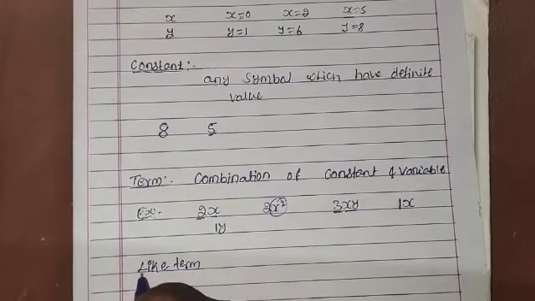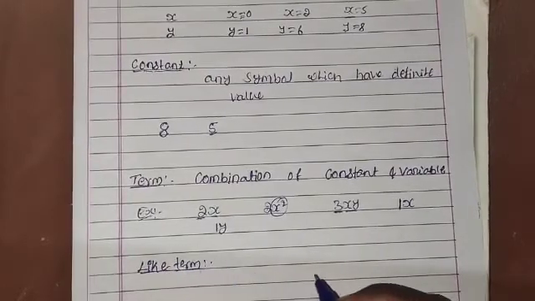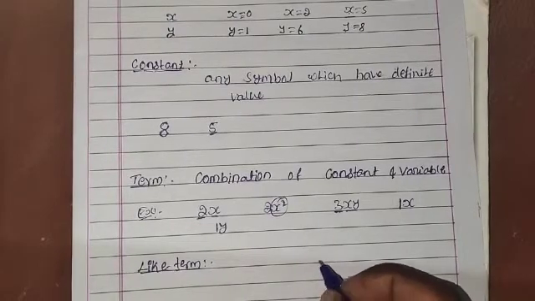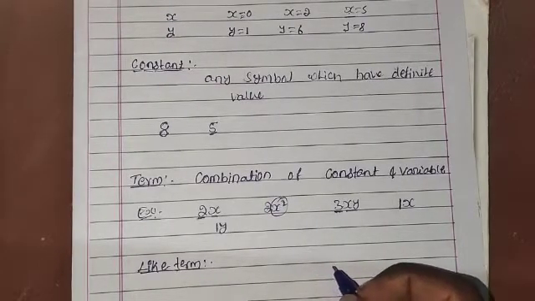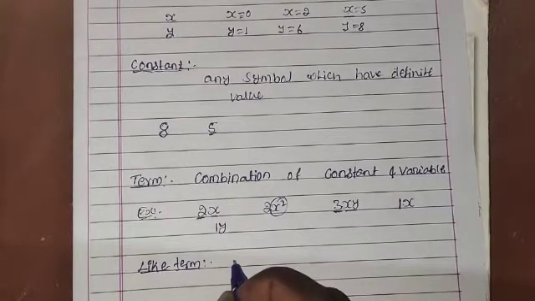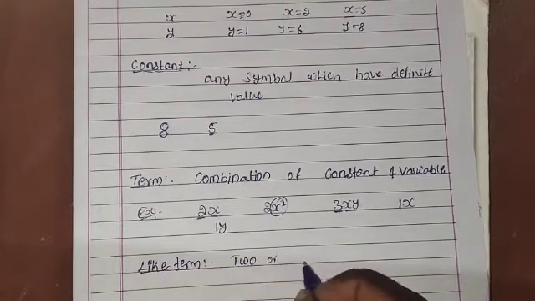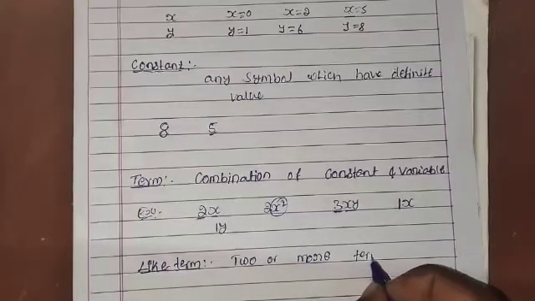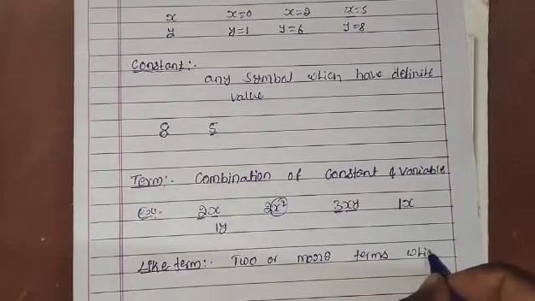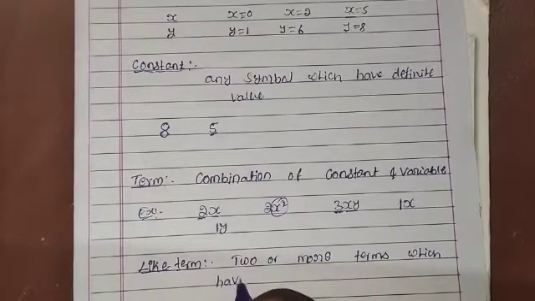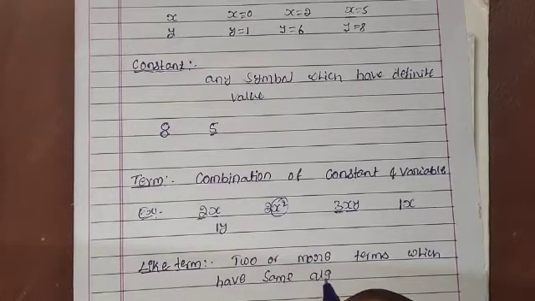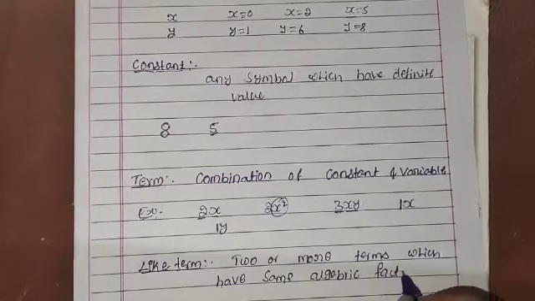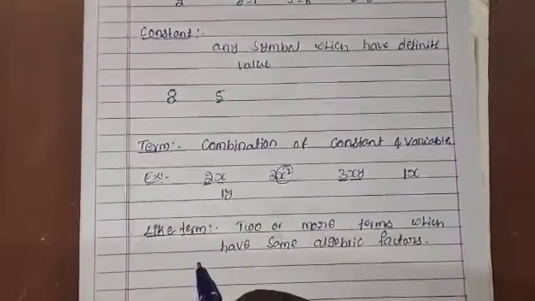What do we mean by like terms? Like terms are two or more terms which have the same algebraic factors.